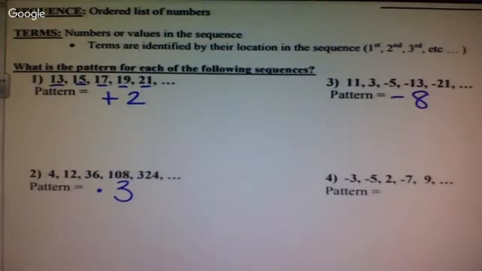And what is the pattern for number 4? Plus 2? It's minus 2 plus 7. Minus 2 plus 7, but then this one should be minus 2, right?